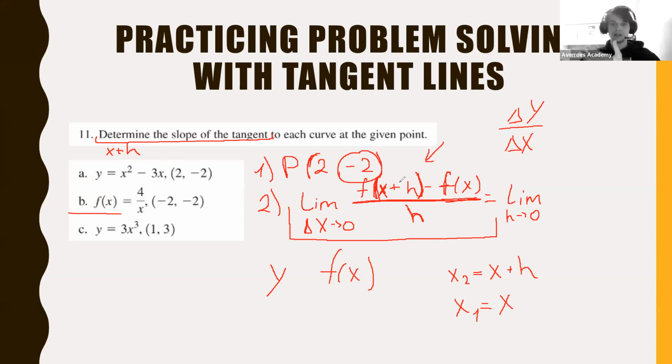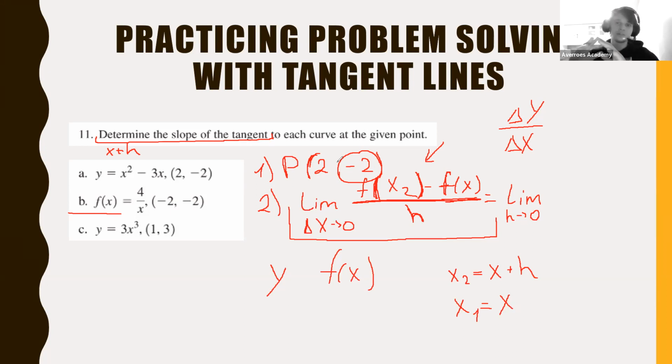What if instead of x plus h, I would just say x2 here? How would you do it that way? Oh, okay. So it would just be x, because we don't know what x plus h is, right? Yes, because first of all, we need to simplify the formula before we can give an answer.